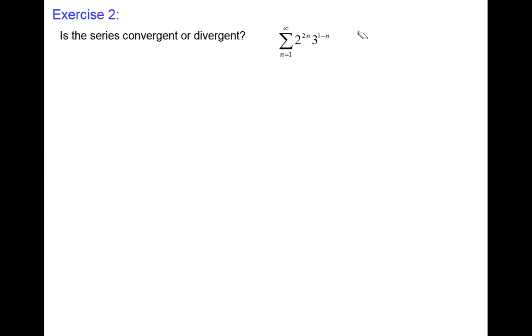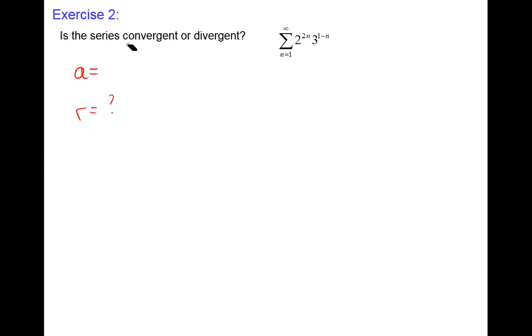Okay, that's what I recognize. And since I know that it is a geometric one, because n is only in the exponent, I need my first term and I need my common ratio. We have two ways to find the common ratio, and I will show you both of them.